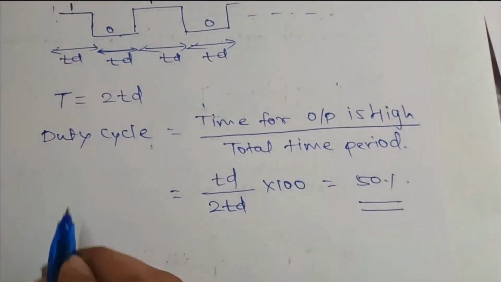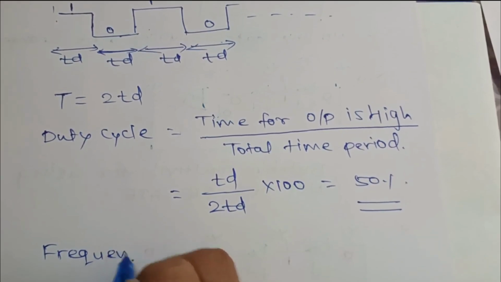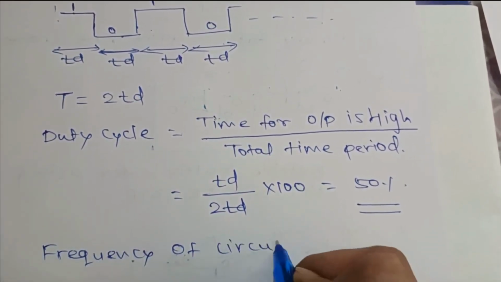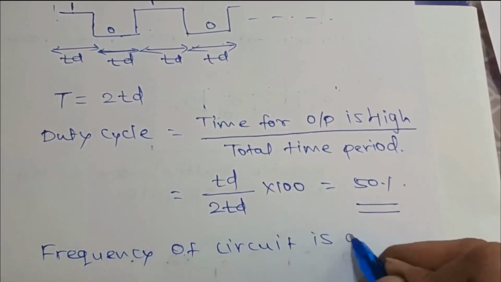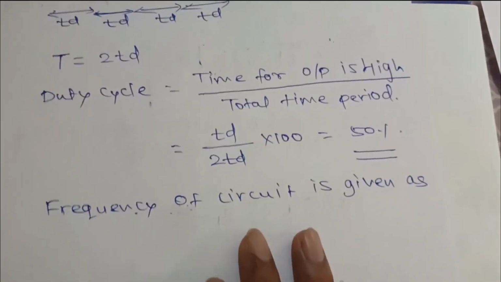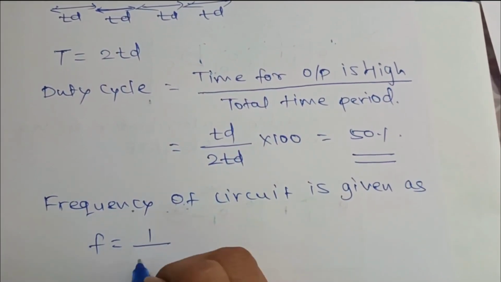Next, we are going to see frequency. The frequency of the circuit is given as F is equal to 1 by time period.